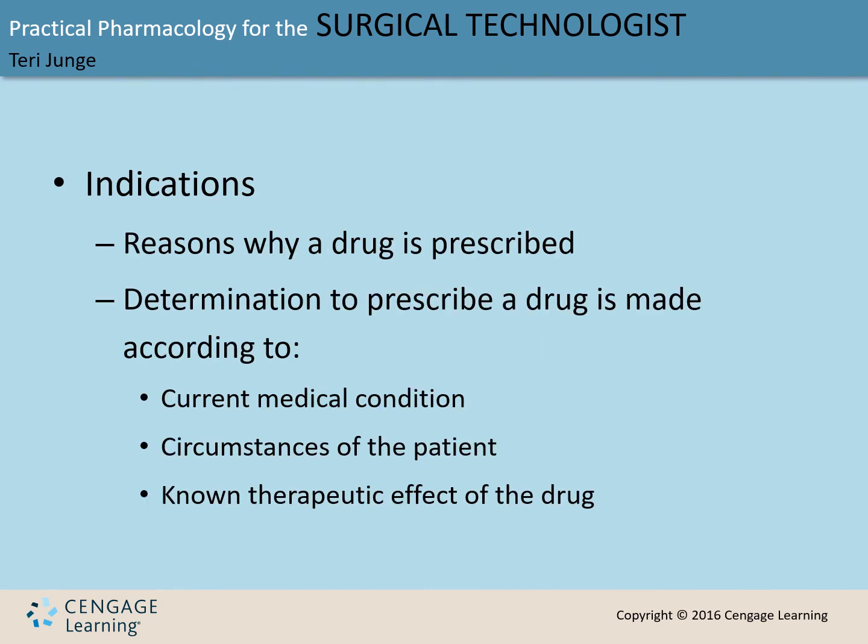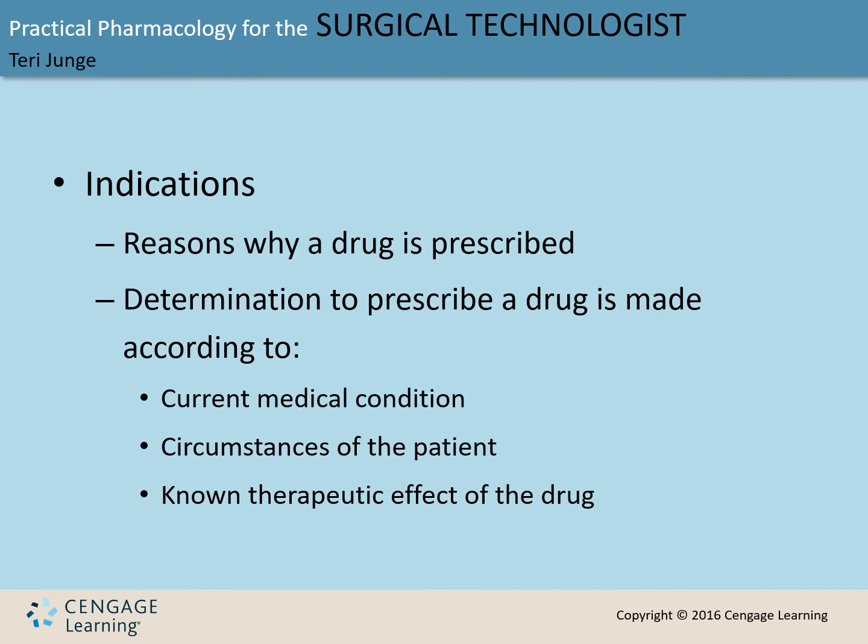Now let's move on and talk about indications. With a drug indication, we're talking about why it is being prescribed. Why is the drug indicated for the patient? All right, and there's a variety of wizardry that goes along with determining which drug gets prescribed.